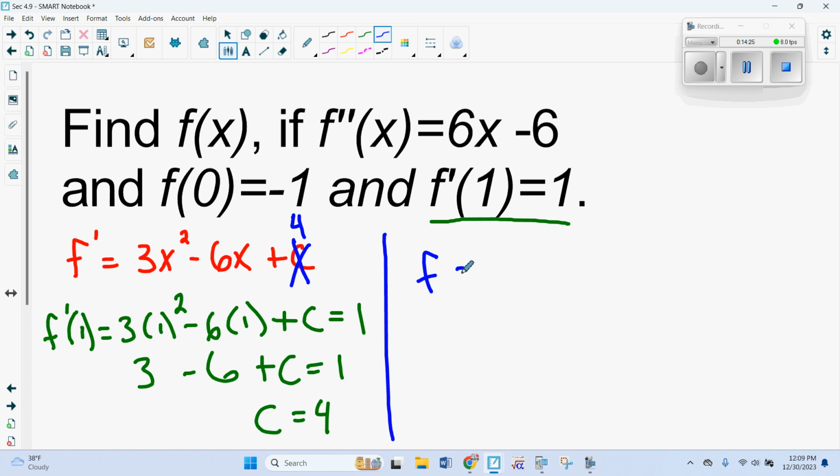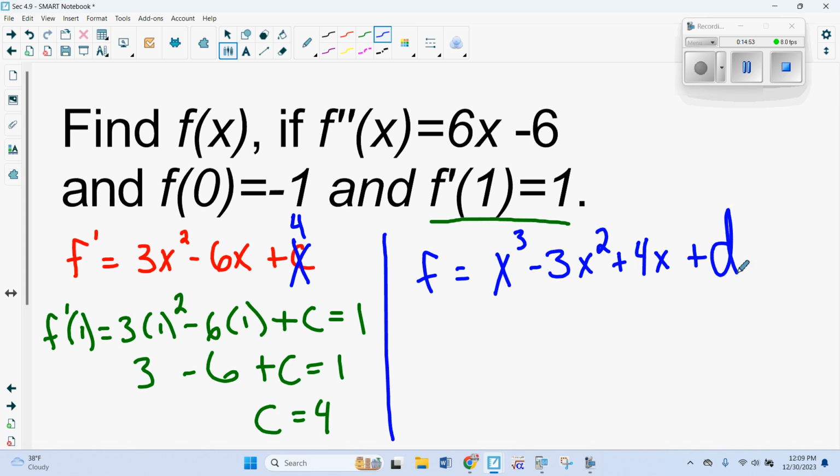Now, to find my function, I now take the antiderivative of the derivative. And that's going to be x cubed minus 3x squared plus 4x plus... Now, I don't want to use c again in this problem just because I've already used c. So we have a couple options here.